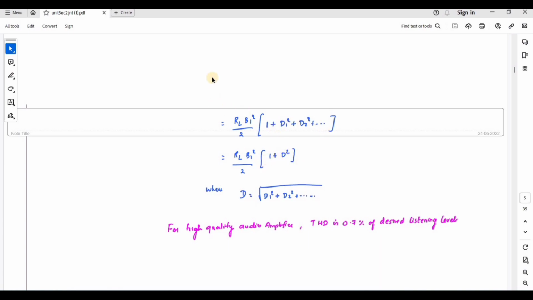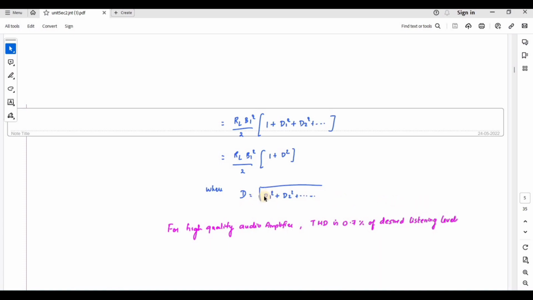So I can write D square is equal to D2 square plus D3 square plus D4 square and it goes on.